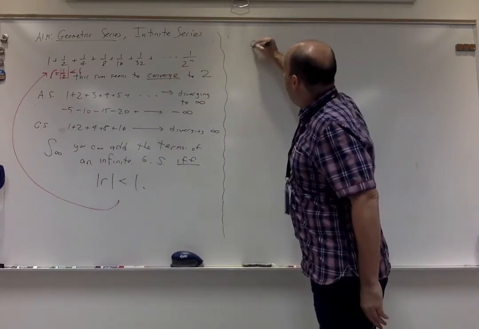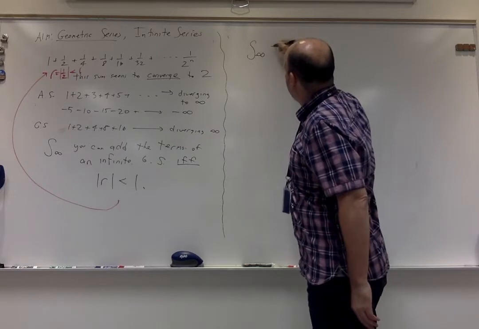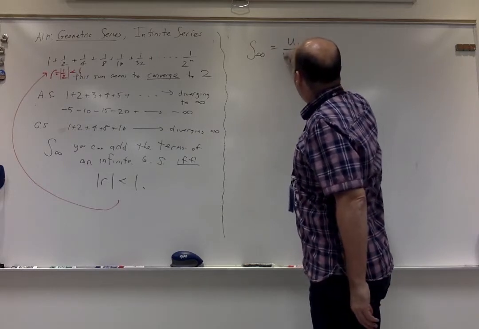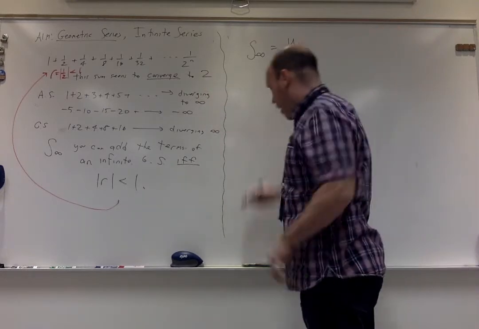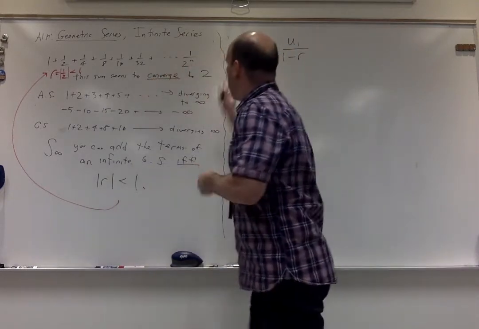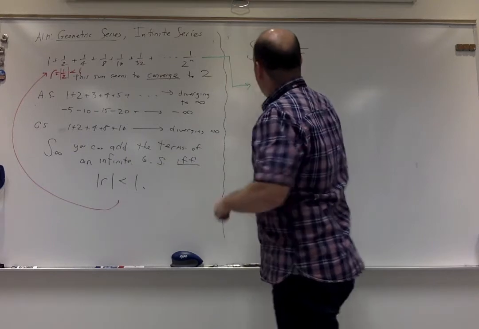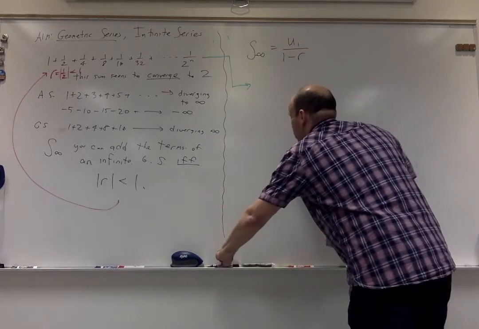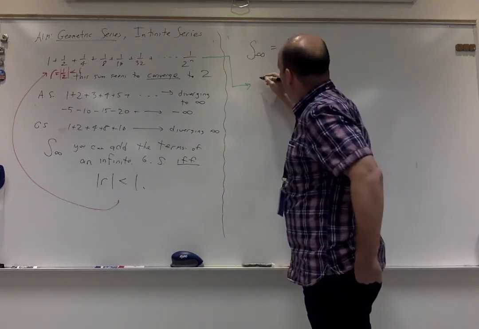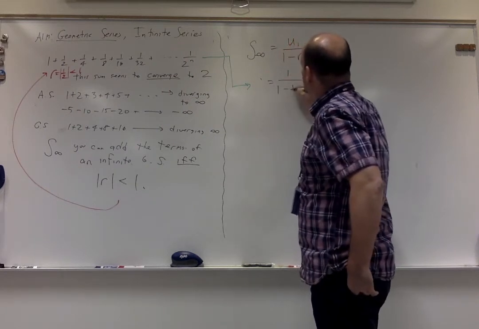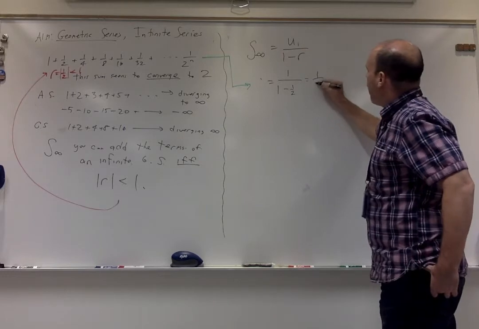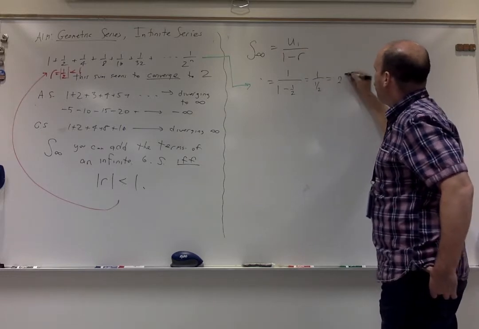The sum of the infinite number of terms is equal to u of 1 over 1 minus r. So for this example, this is equal to 1 divided by 1 minus a half, which is 1 divided by a half, which equals 2.